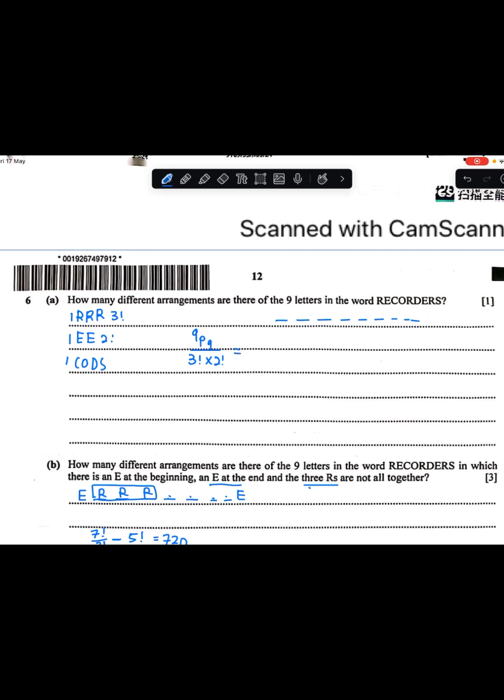Calculator, 9P9 over 3 factorial times 2 factorial. And the answer for this question is 30240.